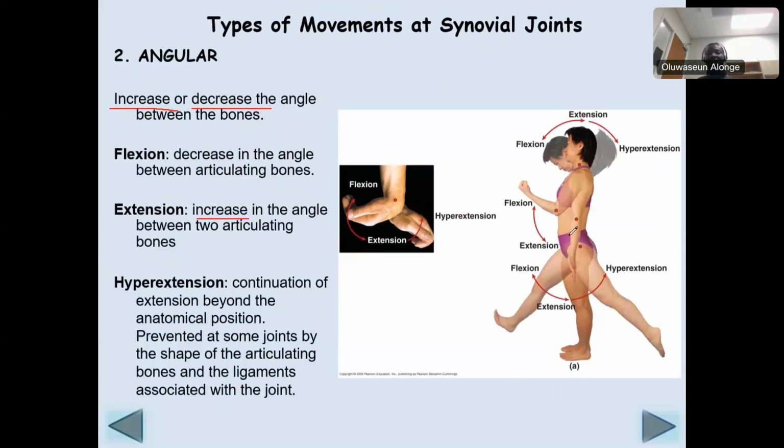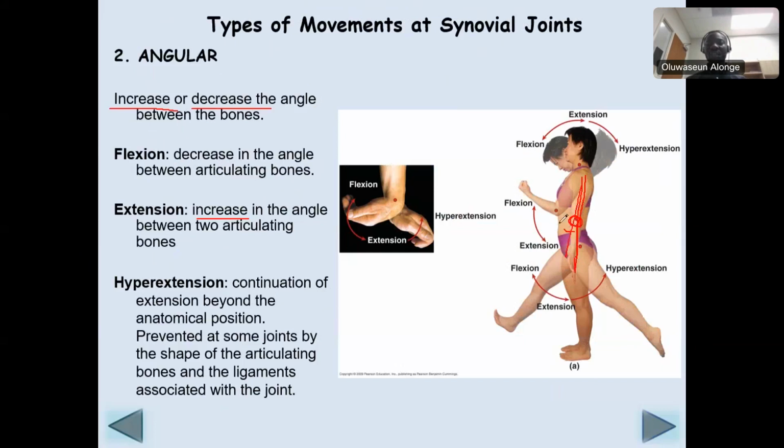When you are looking at a joint, either flexion or extension, you are focusing on the joint, the origin. If you are looking at your upper limb, for instance, currently this is 180 degrees.